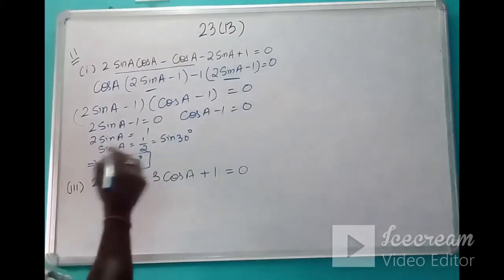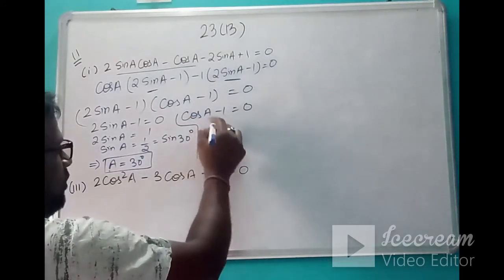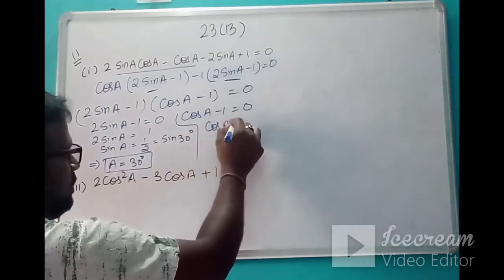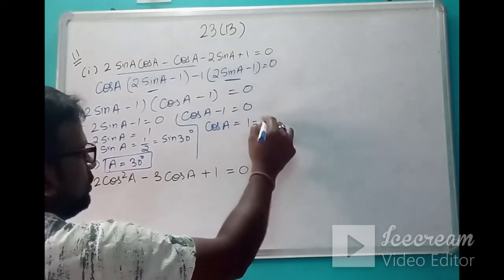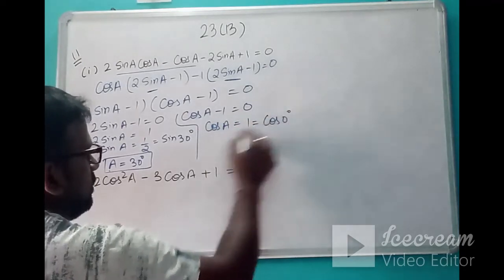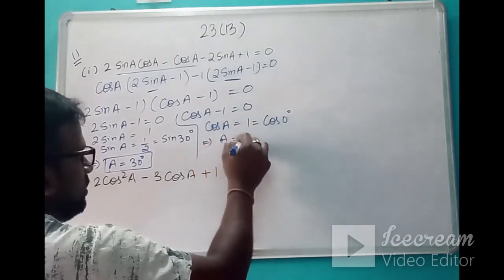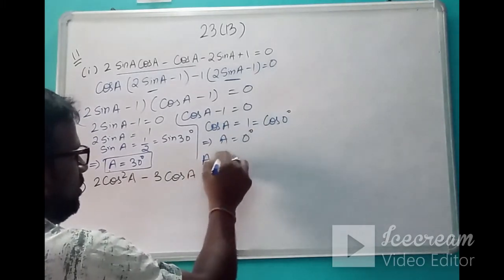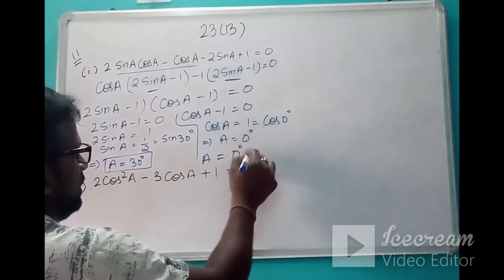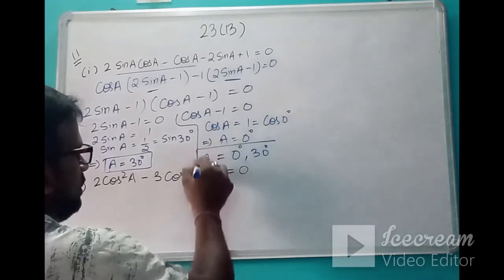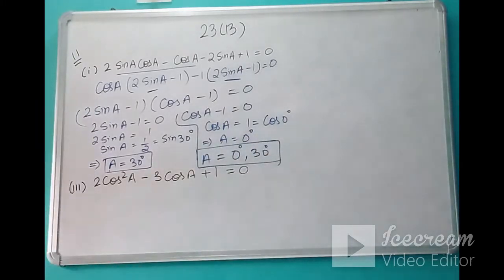This is my one value. Then for this, cos a is equal to 1, and when cos is 1, it is 0 degree, from here you will get a is equal to 0 degree. So our answer will be a is equal to 0 degree and 30 degree. Okay, so these two will be the values.